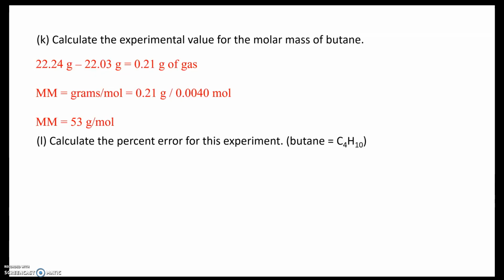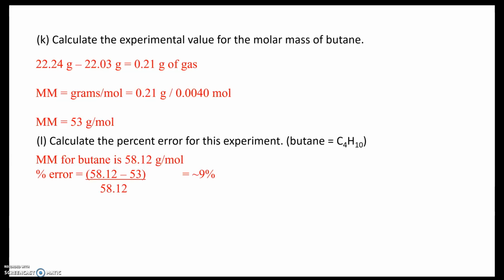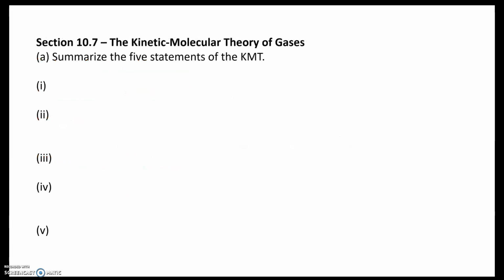I can go to my periodic table and determine the molar mass of butane is really 58.12. So my percent error is just the difference between those two masses divided by my accepted value, which is 58.12. And again, for this problem, like in the previous problem, we get about a 9% error.